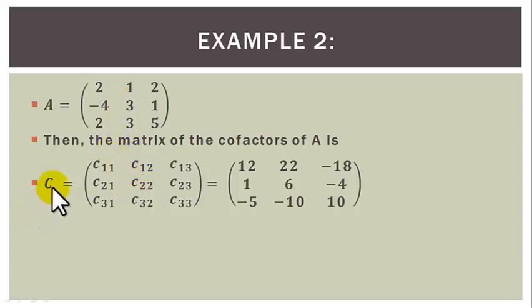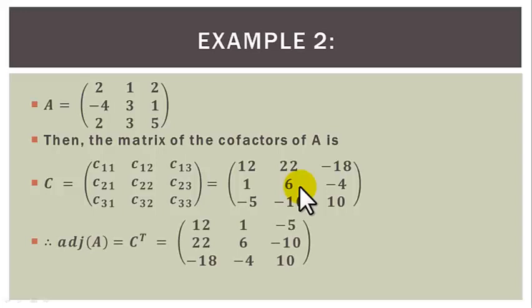So the matrix of the cofactors C is C11, C12, C13, C21, C22, C23, C31, C32, and C33. And this is the matrix of the cofactors. So therefore, the adjoint of A is C transpose. Transposing this matrix will give us this, which is the adjoint of the matrix A.